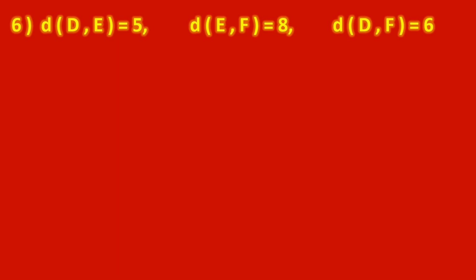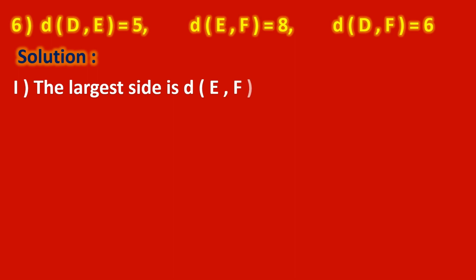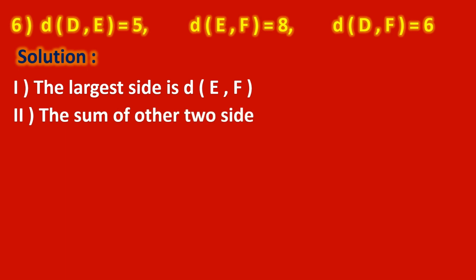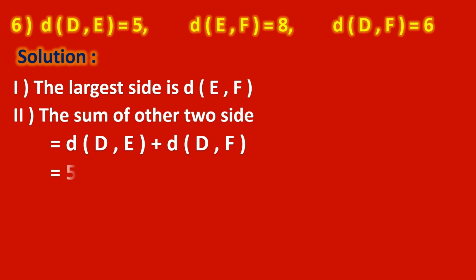Sixth question is distance DE equal to 5, distance EF is equal to 8, distance DF is equal to 6. The largest side is EF. The sum of other two sides is equal to distance DE plus distance DF, DE is 5 and DF is 6.